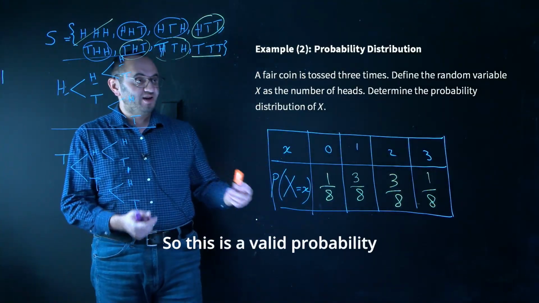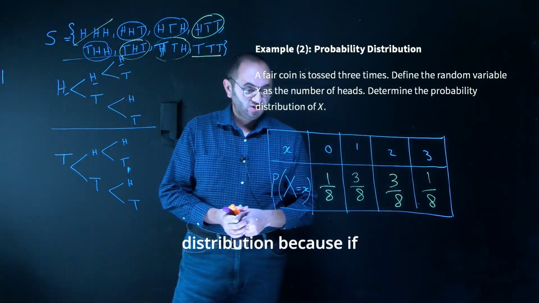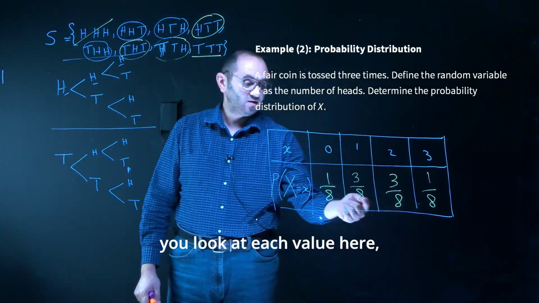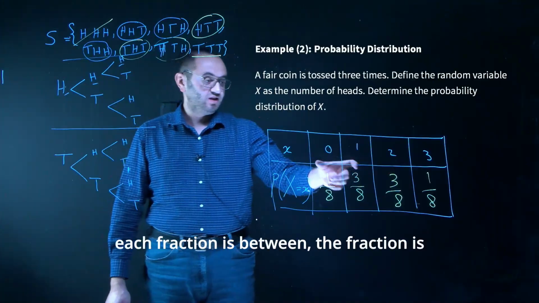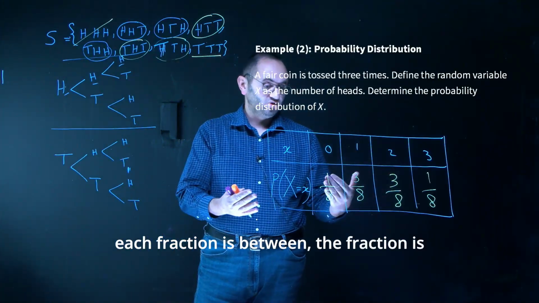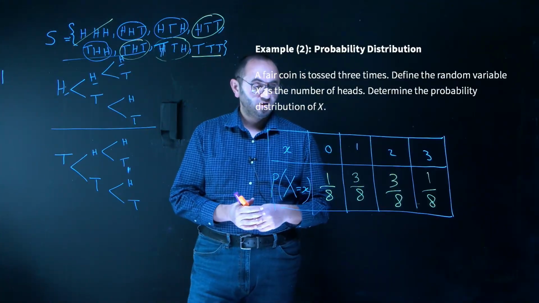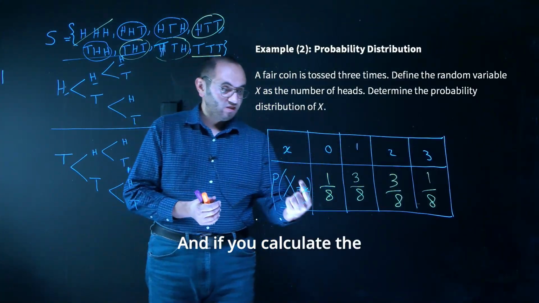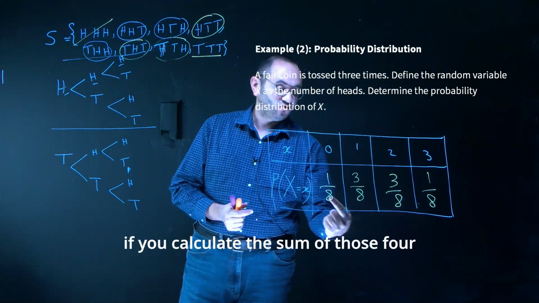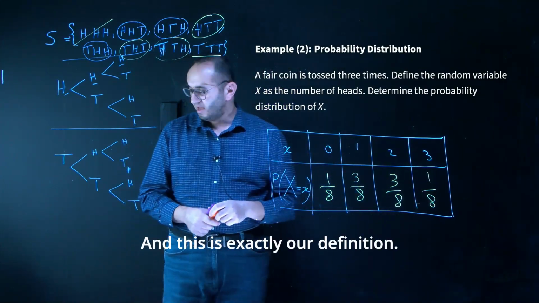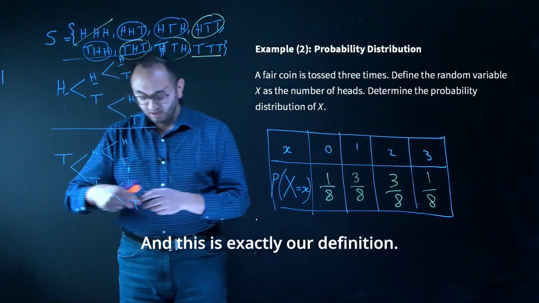So this is a valid probability distribution, because each fraction is between 0 and 1. And if you calculate the sum of those 4 fractions, the sum is 1. This is exactly our definition.